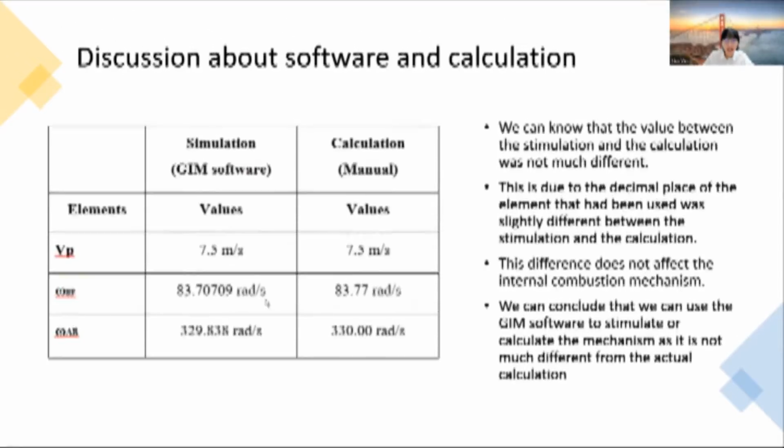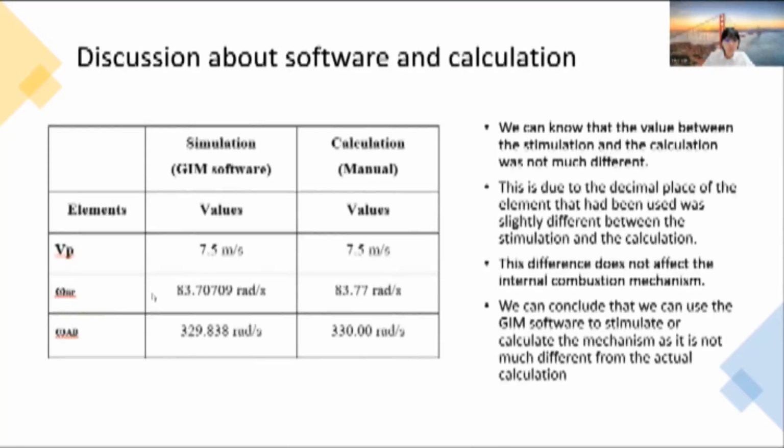Using the manual calculation, we got the velocity of P as 7.5 meters per second, the angular velocity of BP as 83.77 radians per second, and the angular velocity of AB as 330 radians per second.